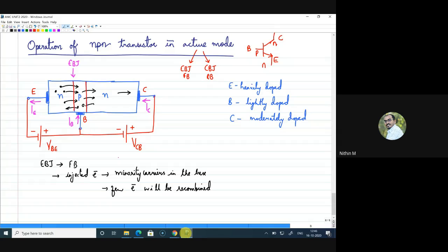Now, if you have questions, please put them in the chat box. I can discuss that, and then we will move to the current components of this.